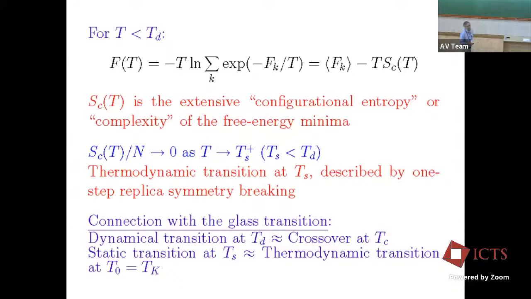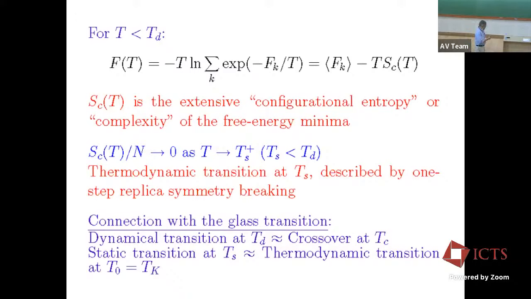So that gives you a configurational entropy per spin, which is non-zero. But this configurational entropy per spin goes to 0 at a lower temperature. And then there is a thermodynamic transition. And this is the transition that is described by one-step replica symmetry breaking.